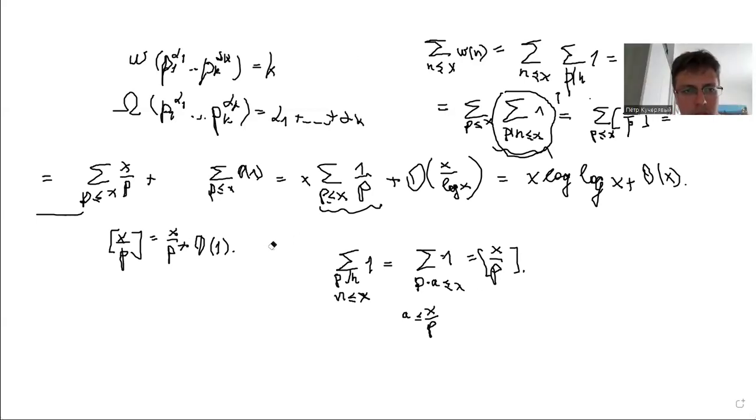Okay, and what will be the same story with big omega? How do we compute this?